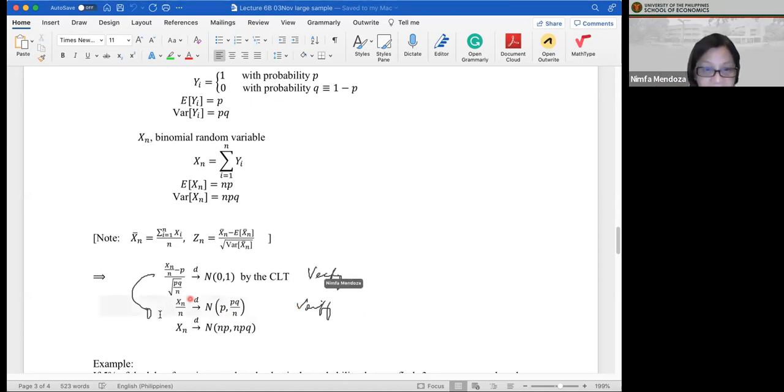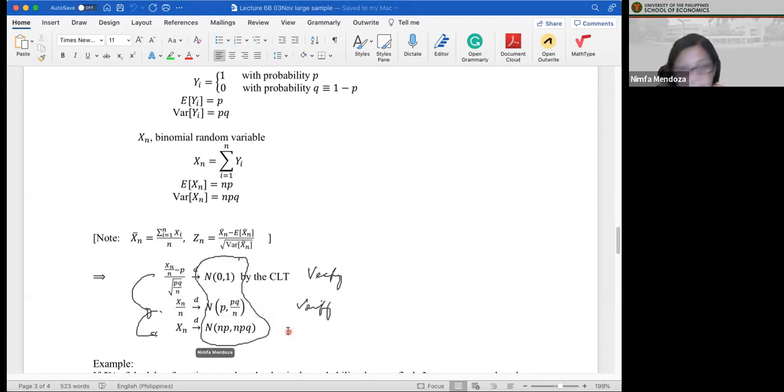And then from this line, you go to this. Then you get this expression. Note that the parameters of the normal distribution change. So make sure you know how we go from one line to the next.